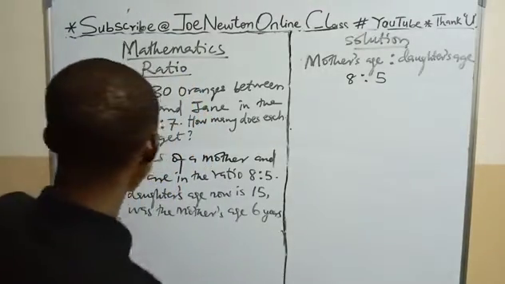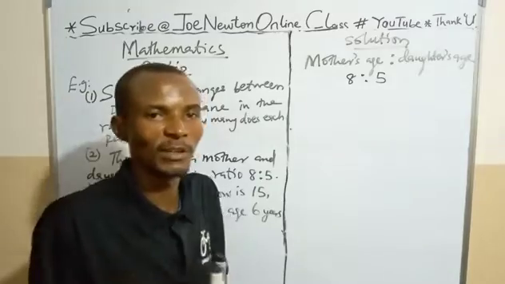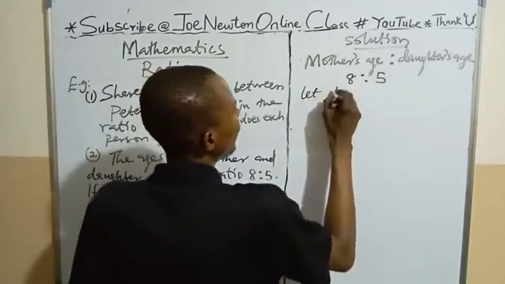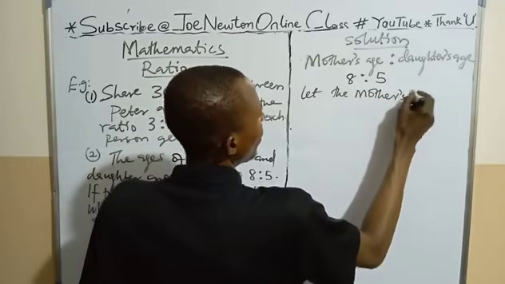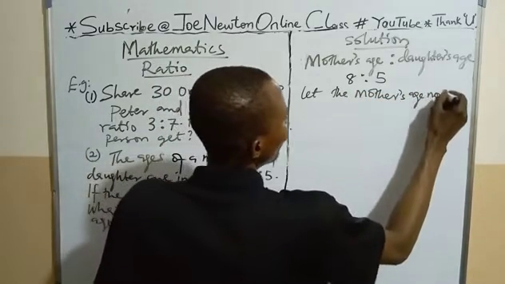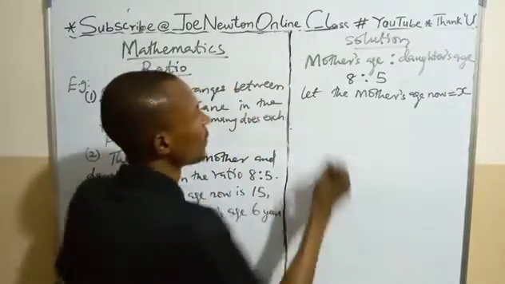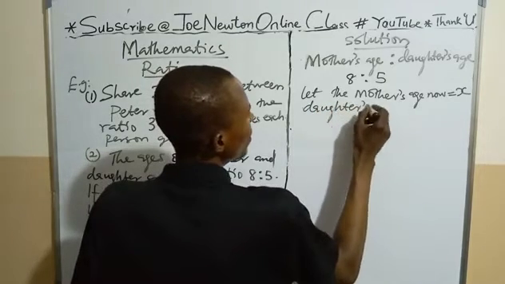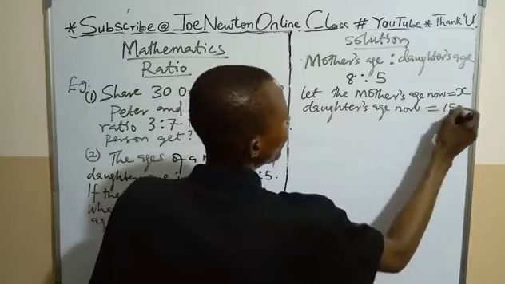From the question, we are told that the daughter's age now is 15 years, but the mother's age is not given. So let the mother's age now be x. Daughter's age now is given as 15.